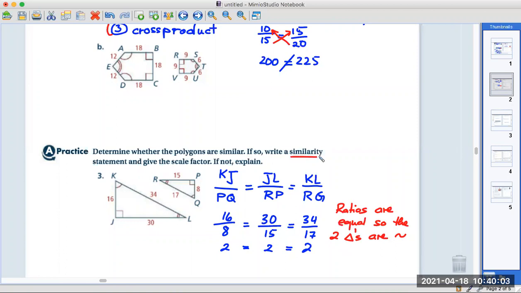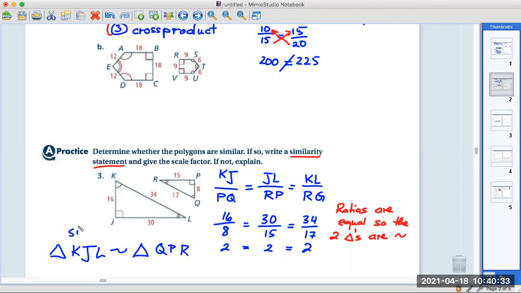So a similarity statement looks like that. I'm starting with the first triangle. I'll call it triangle KJL. You can name it anywhere you want. Is similar. And then when you go to the second triangle, you have to start with the same. So it's Q matches K, P matches J. You need to match up the angles.